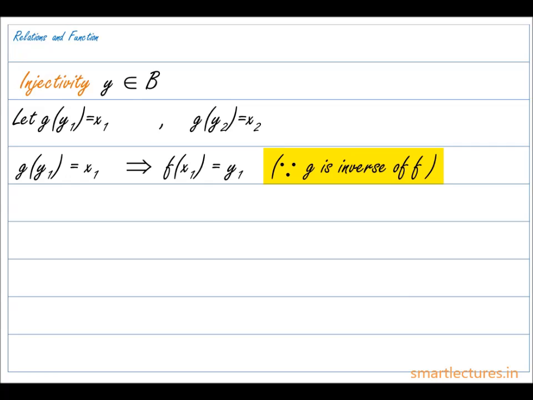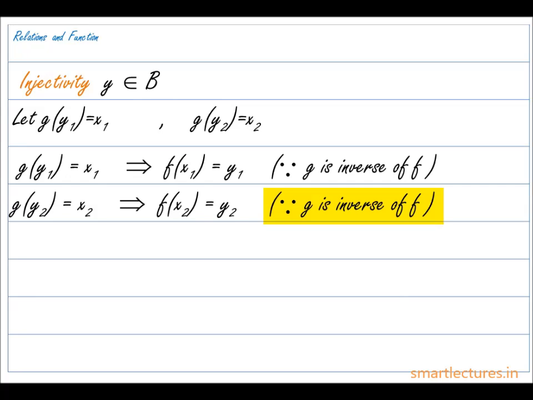Similarly, g of y2 is equal to x2. And we can also write f of x2 is equal to y2, because g is the inverse function of the function f. So now since g of y1 is equal to x1 and g of y2 is equal to x2, so we can also write x1 is equal to x2.